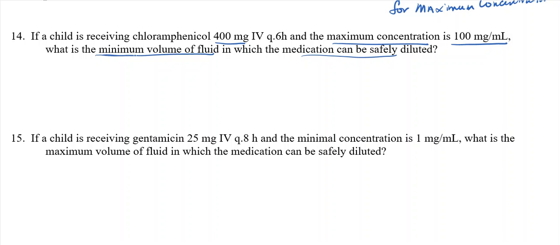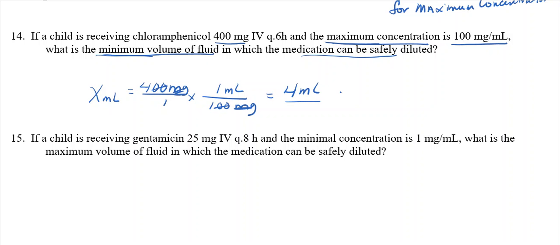All right, so I want the minimum volume of fluid, but I'm taking the maximum concentration. So I'm looking for milliliters because I'm looking for my diluent. Take my doctor's orders of 400 milligrams over 1 times my maximum concentration, 1 milliliter over 100 milligrams. My milligrams cancel. I've got 2 zeros on top, 2 zeros on bottom, so I have 4 milliliters. So I'm going to have 4 milliliters of diluent.